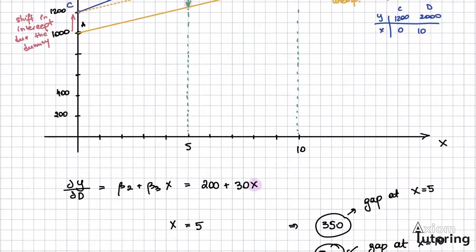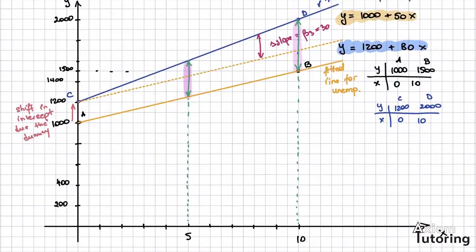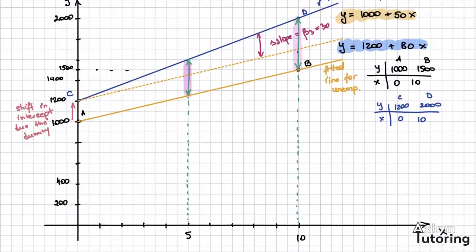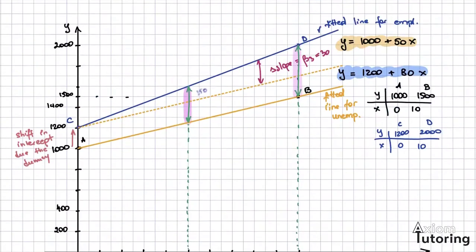In fact, this first arrow is this distance of 350, and the second arrow is this gap of 500 that we just computed. Now, look very carefully: none of these two gaps is really equal to 30.